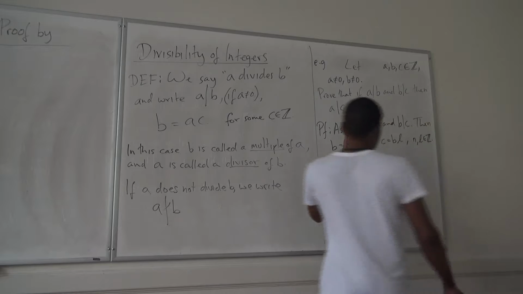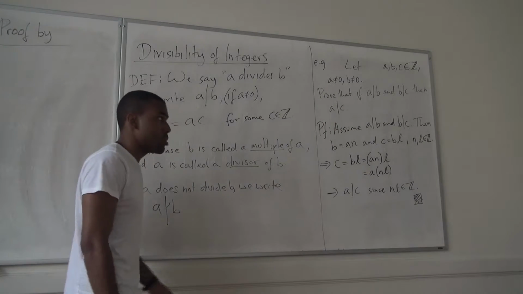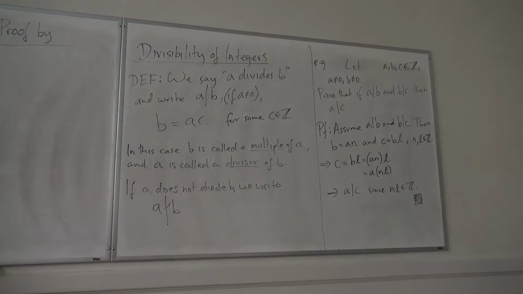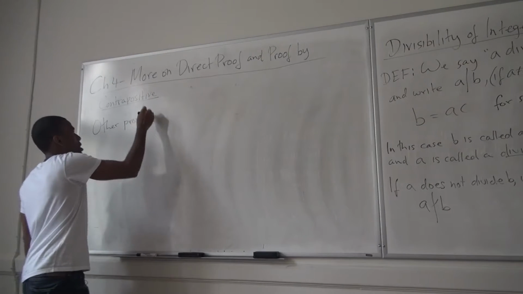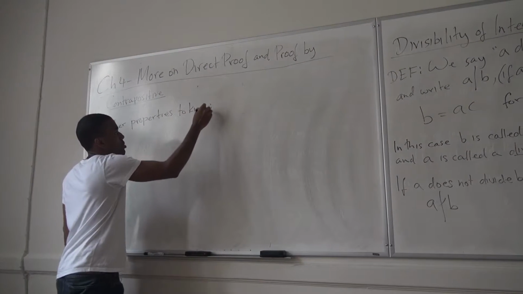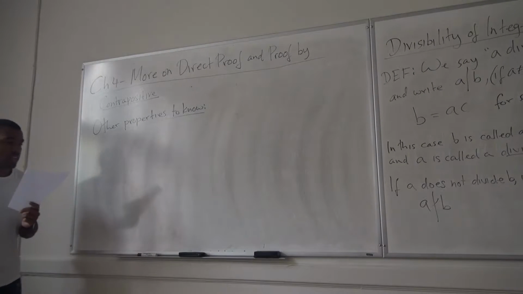Such a property is called transitivity, by the way, but we'll deal with that more in depth in chapter 8, I think. So it's an elementary property. It's one of the first things that people prove when they introduce divisibility to you. Other properties to know, some things that they prove right away that your textbook does. I'll just mention them here without proof because the proof is in your text.